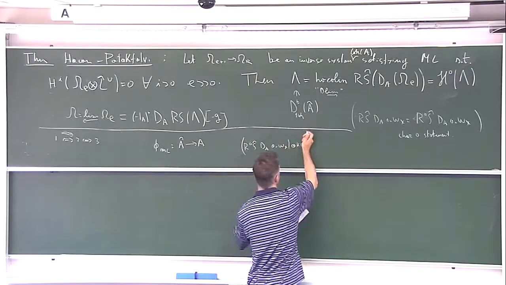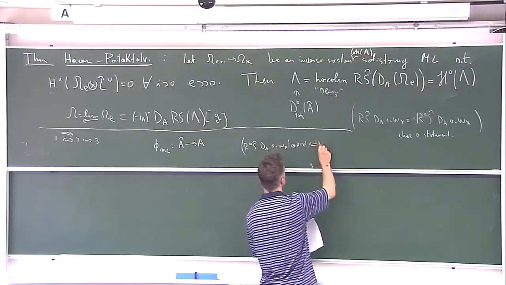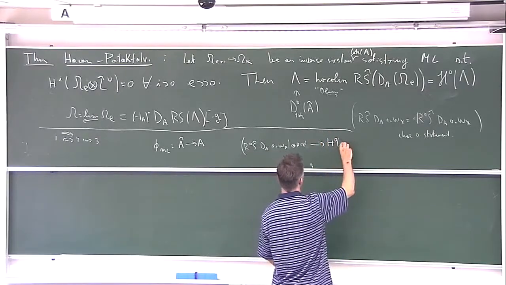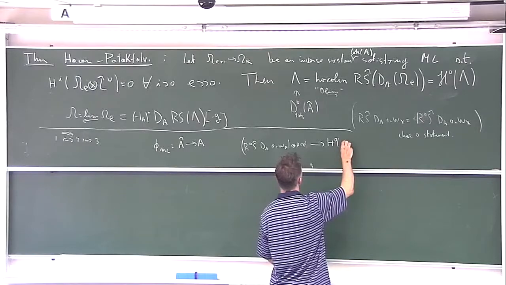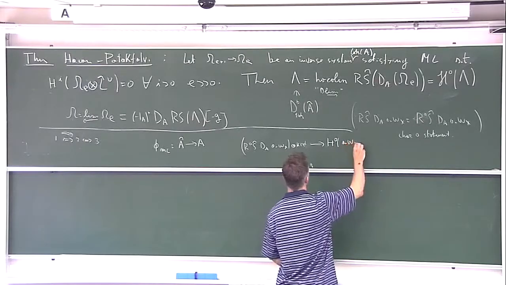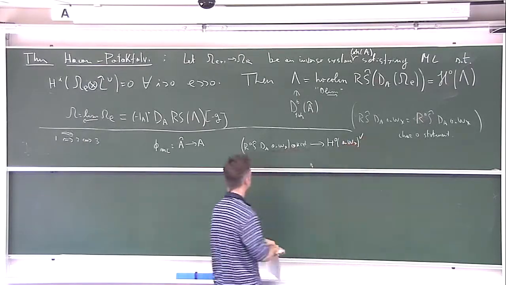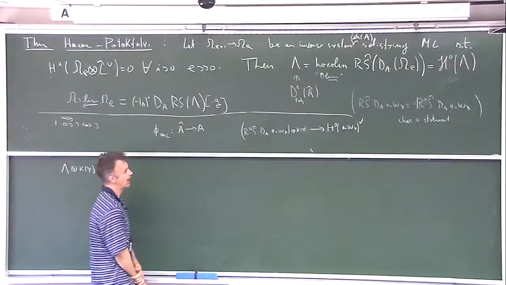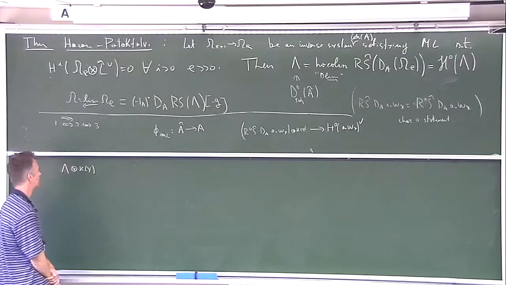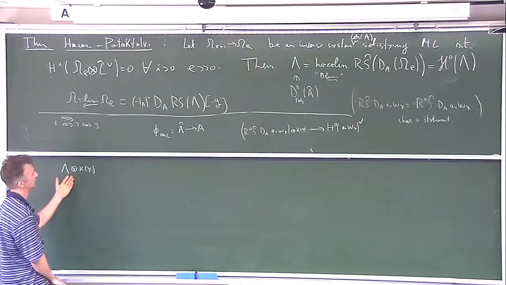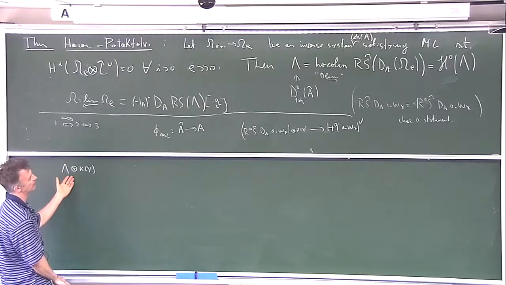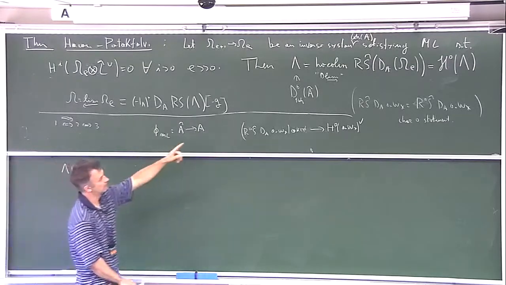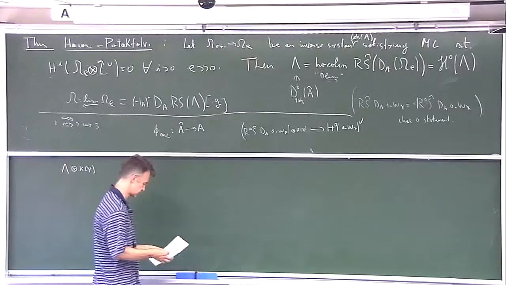If I remember correctly, this y corresponded to, or there's a natural map to, H0 A low star omega x dual. And so these objects are obtained with a direct limit of similar objects.